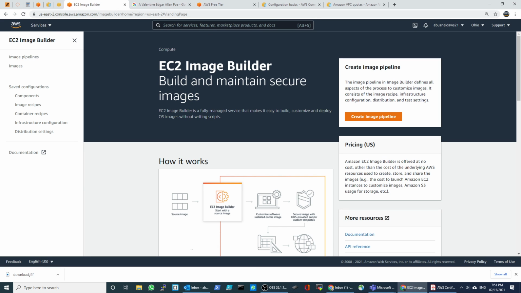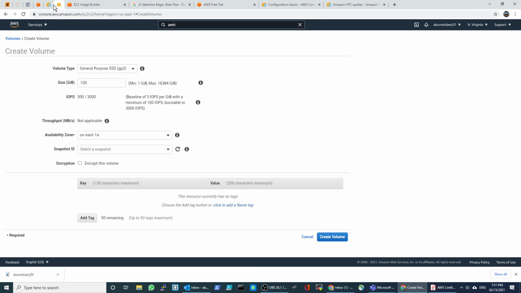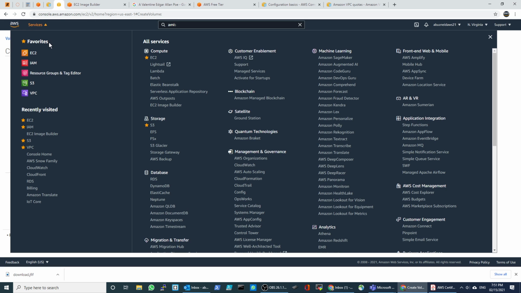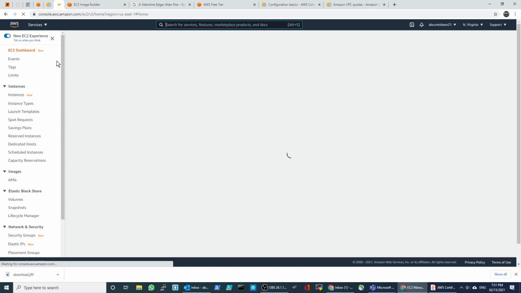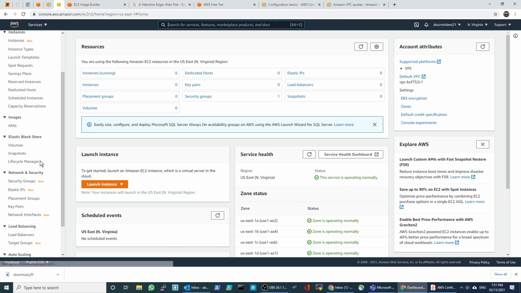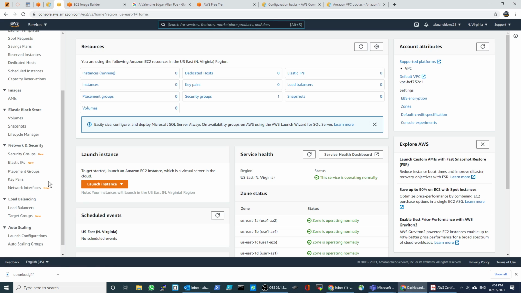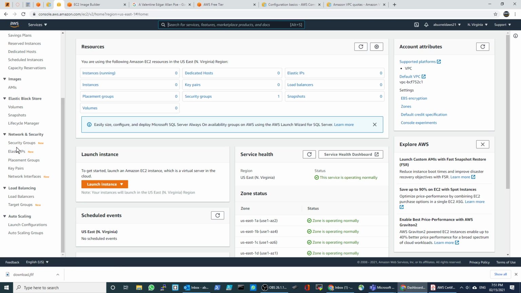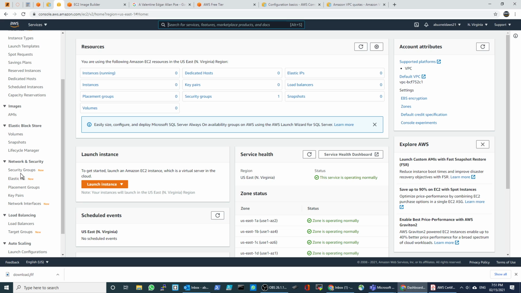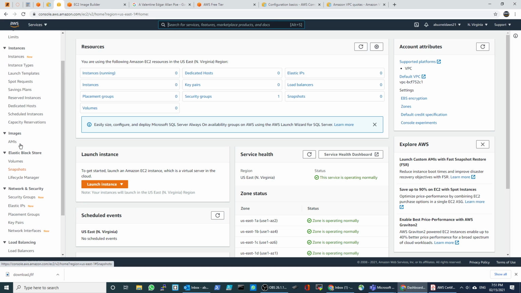So if we go in here, EC2. Where to go? Network security groups, elastic placement groups, snapshot, capacity, scheduled instances.